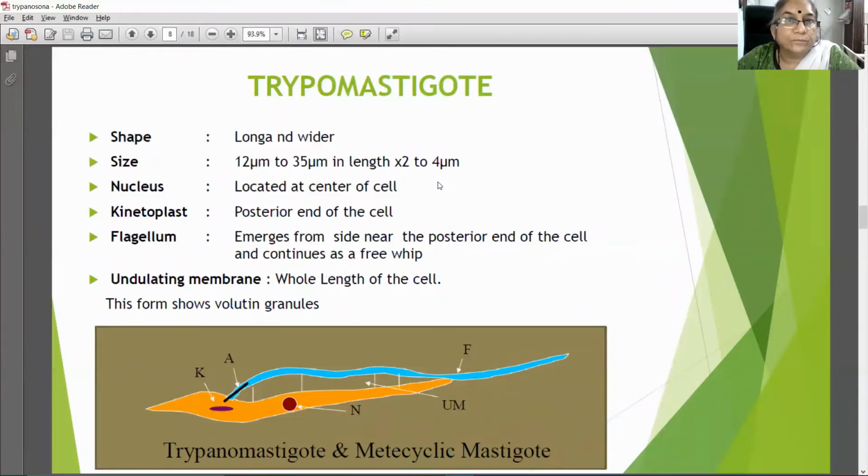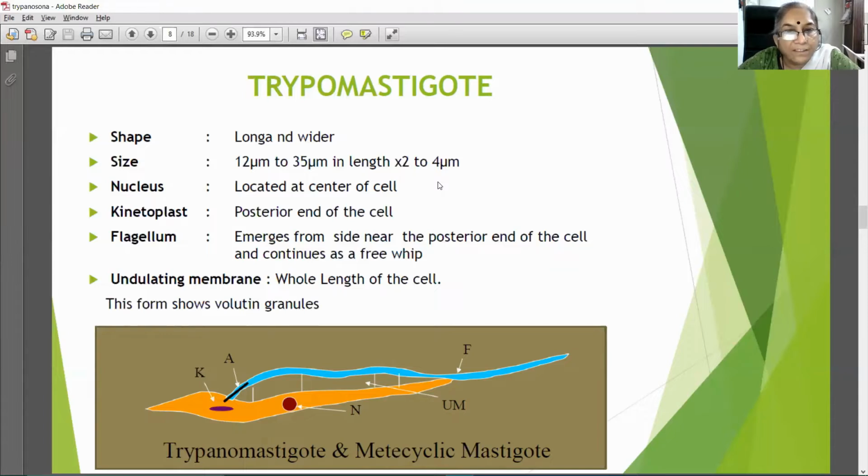Trypomastigote is long and wider, 12 to 35 micrometers in length, but the width is less, 2 to 4 micrometers. The nucleus is located almost in the center. Kinetoplast shifts from anterior to the posterior end.